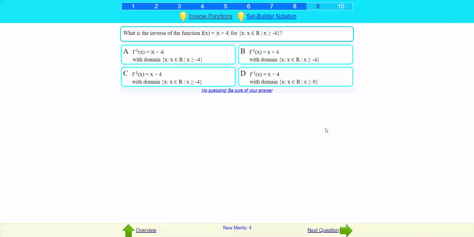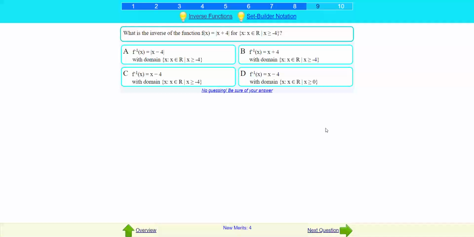So this means that it's only positive numbers. So I'm not really sure. Yeah. Even if you're only applying x greater than or equal to negative 4, then you will only end up having positive numbers. So y minus 4 equals x. And this is the inverse of the absolutes.